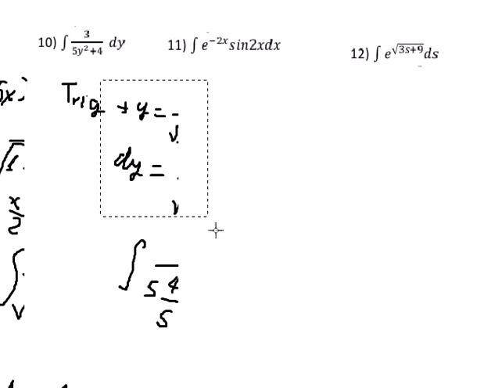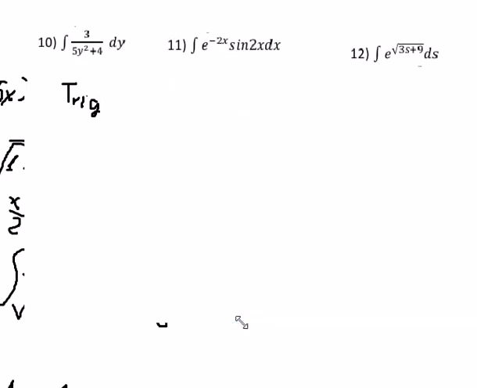So we will use integration by parts. So we have u equal to e to the power of negative 2s.